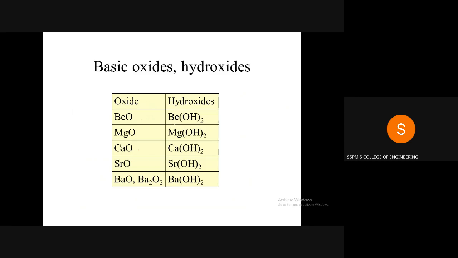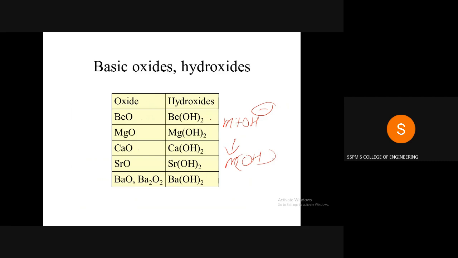Hydroxide means what? When any metal reacts with OH minus to form MOH, that is, metal hydroxide is formed by reacting with the OH minus.